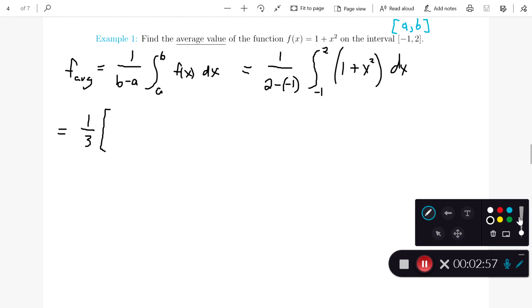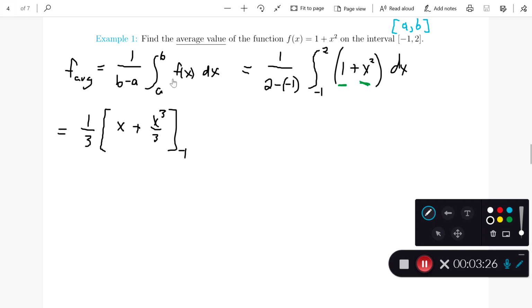So first we've got to integrate. If you take 1, its antiderivative is x, because if you took the derivative of x, you'd get 1 as an answer. And to get x squared as an answer when you do a derivative, you need to have 1/3 x cubed. So that means that the antiderivative of x squared is x cubed over 3.